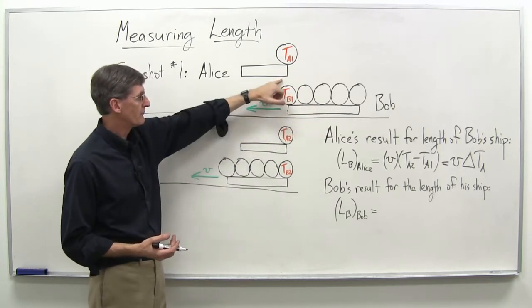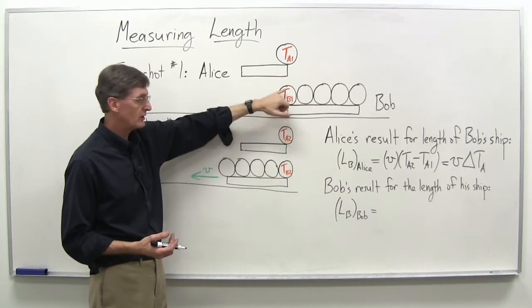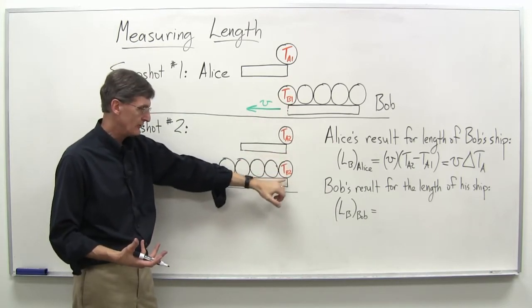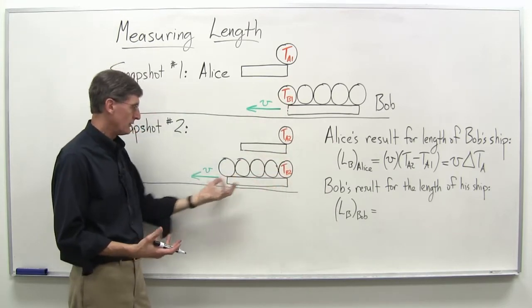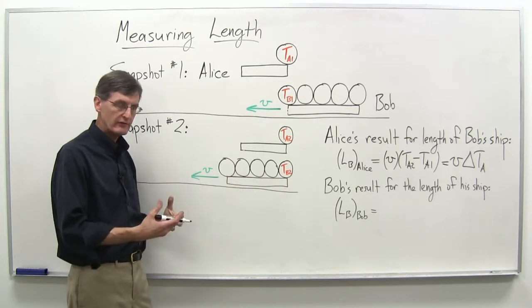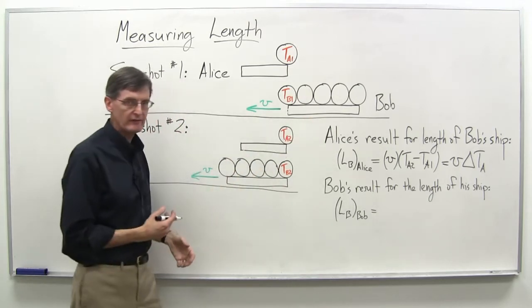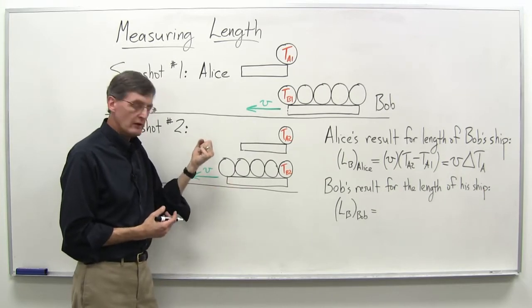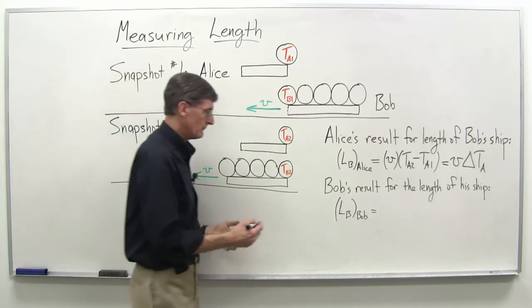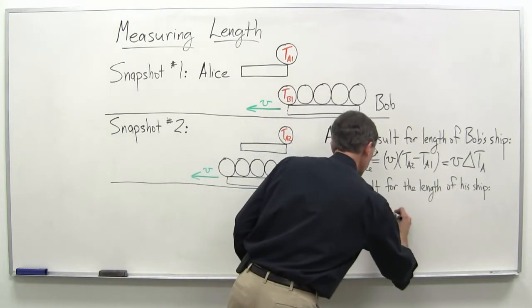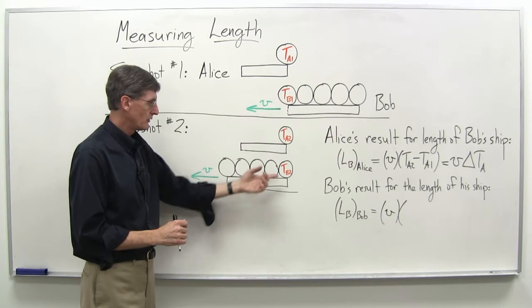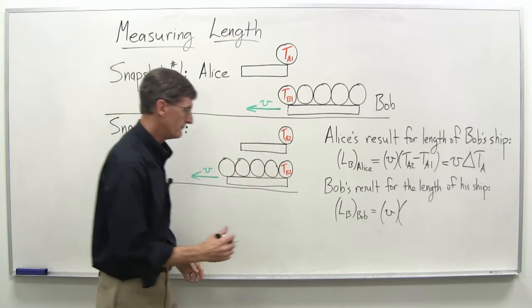He measures when Alice is at the front of his ship, TB1, and how long it takes Alice to get to the back of his ship at TB2. If he thinks he's at rest, Alice clearly is going with velocity v that way. And therefore, again, the length of his ship is going to be v, the velocity, times the elapsed time on his clocks, TB2 minus TB1.